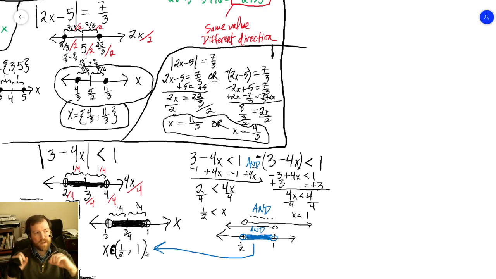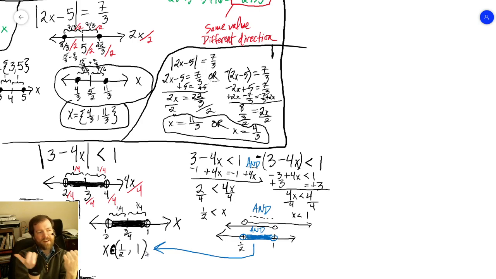If, on the other hand, we had something that was greater than, we'll see that next, then we want our distance to be greater than that. So the distance from the target value, we need to be outside of that distance. So all this stuff that away. That away. So we get stuff that is off to the left. That's your right.